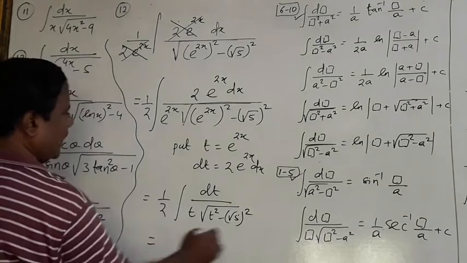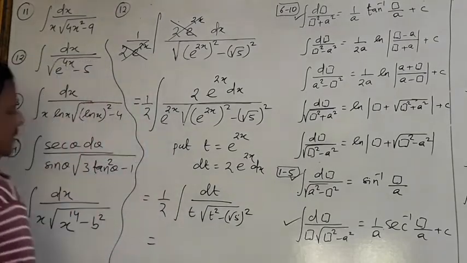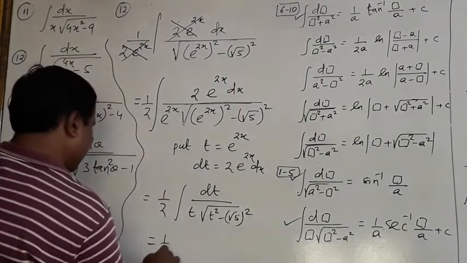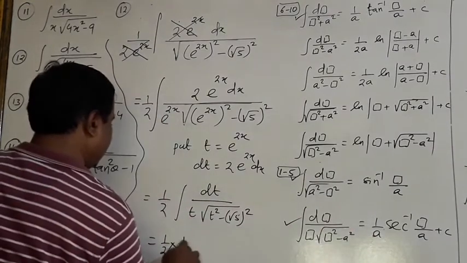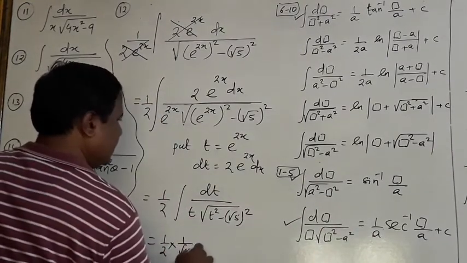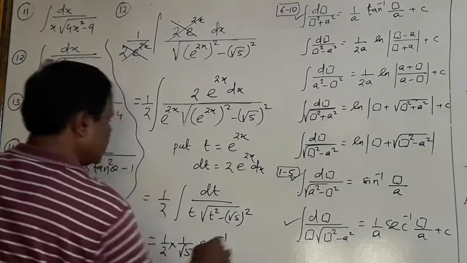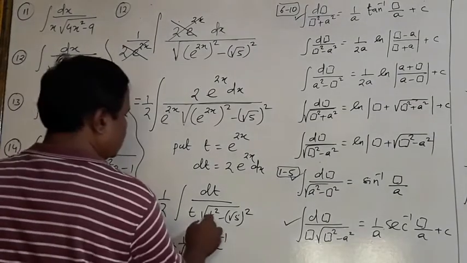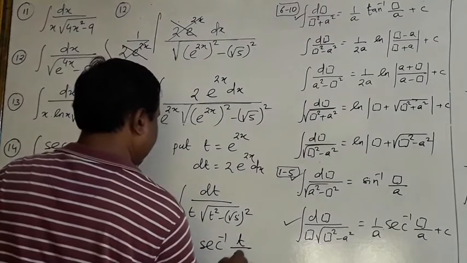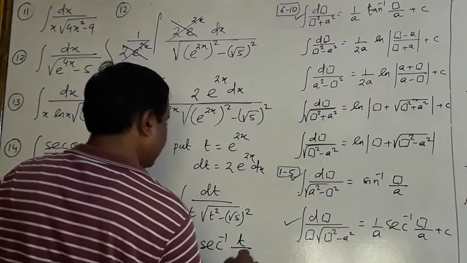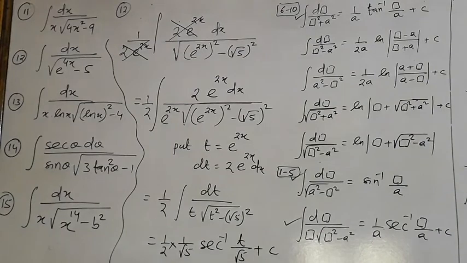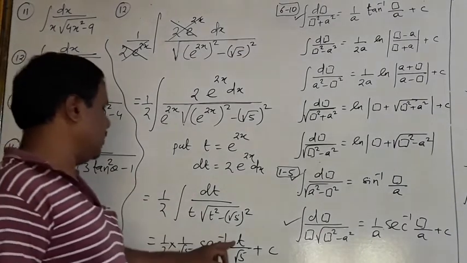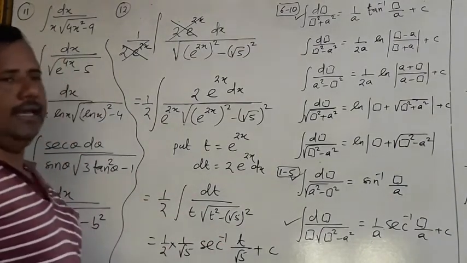Okay, then apply this formula. 1 by 2 is there previously. Now it is 1 by a, where a means root 5. It is sec inverse of t by a, where a means root 5, plus c. And put the value of t, that is e to the power 2x, in this place. You will get the answer.